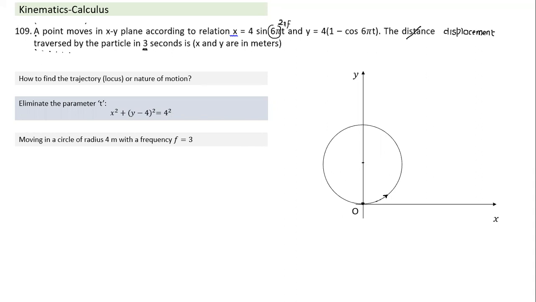But if I had to calculate distance traversed, I must know the path, the trajectory. Trajectory comes in 2-dimensional projectile motion also. We find the trajectory by eliminating the parameter t. If it is a circle, we know it's going to move in a circle. It's a periodic function, we find its frequency, so we know how many rotations it will complete, and we can find the answer.